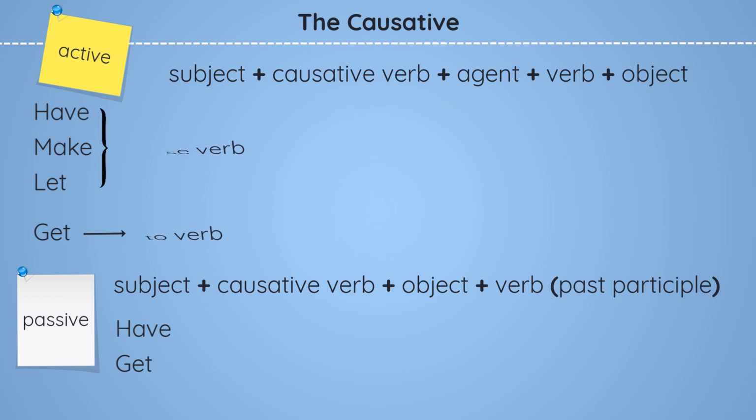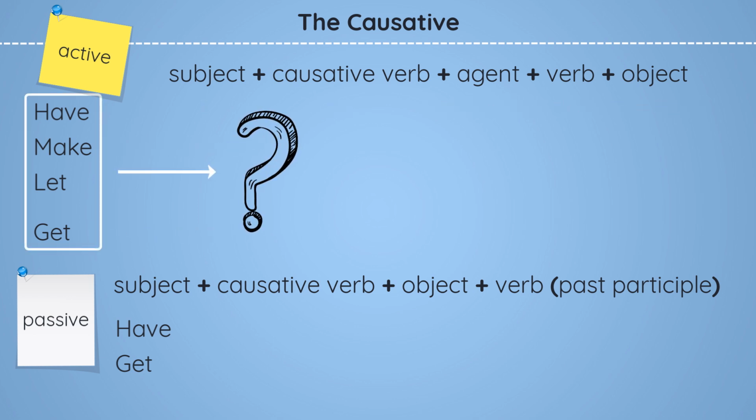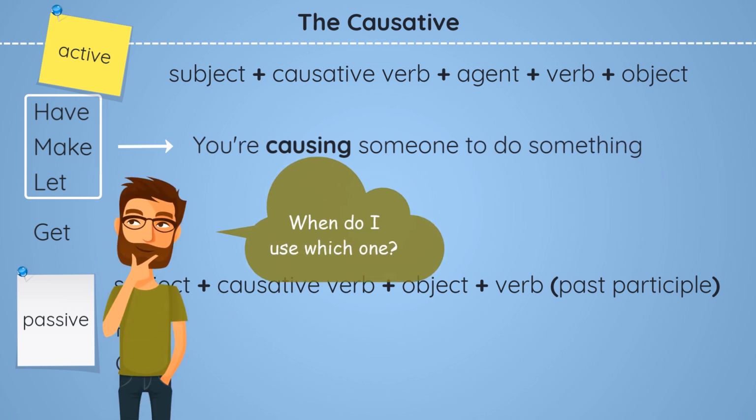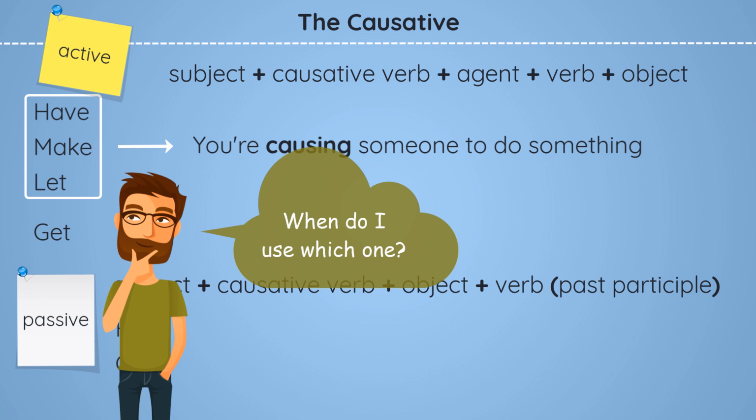Now, what do these mean, these four verbs? These three, have, make, and get, basically mean cause. You're causing someone to do something, but you're wondering, okay, all of them mean cause. When do I use which one? Right?